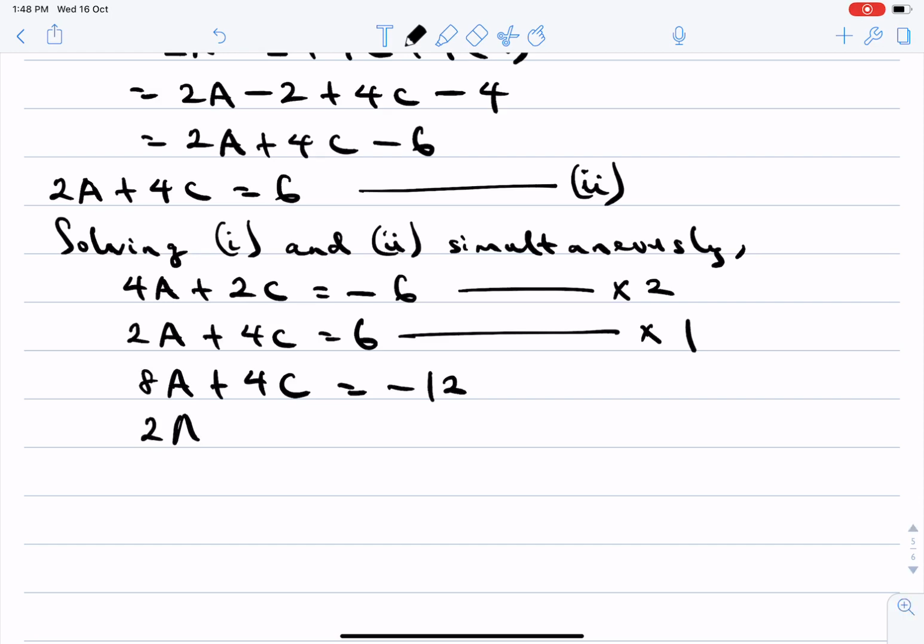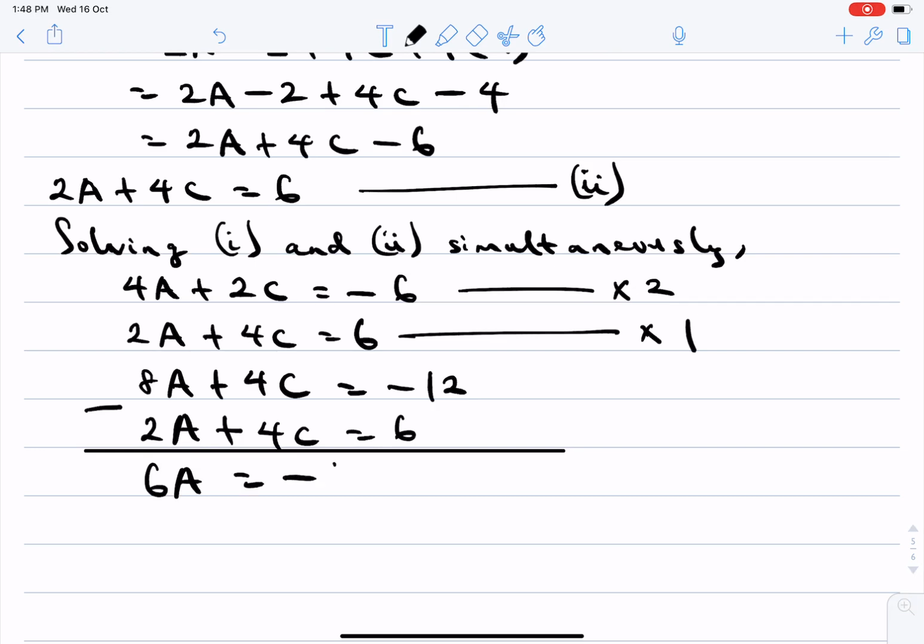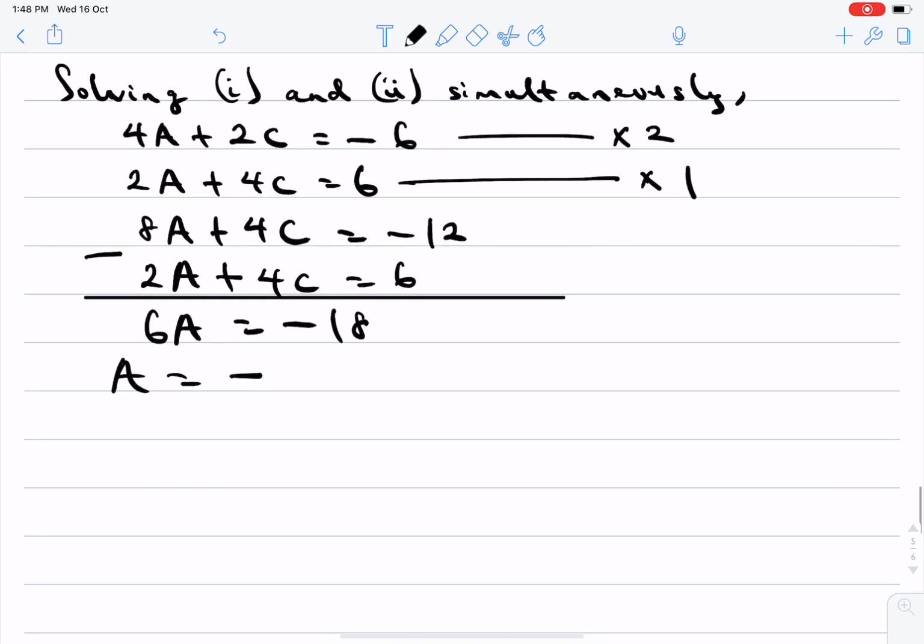And equation 2 remains what it is, 2a plus 4c equals 6. Now I can subtract equation 2 from 1. 8a minus 2a is 6a. 4c minus 4c is 0. So 6a equals minus 12 minus 6 is minus 18. And that means a equals minus 3. Beautiful.